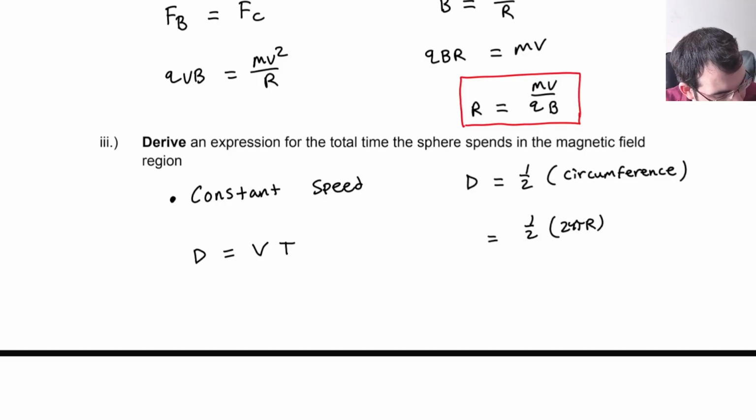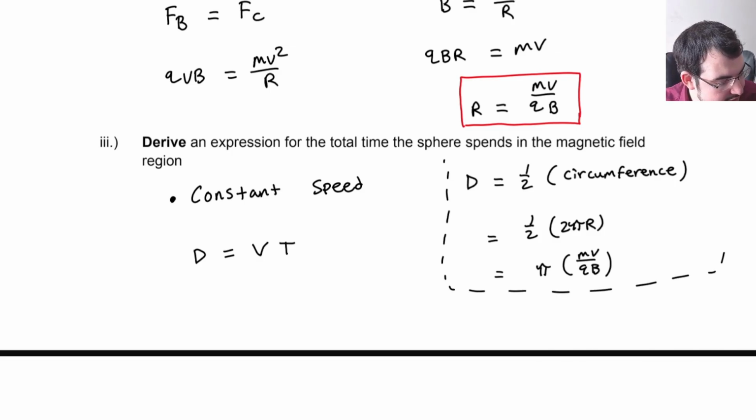But we also figured out what that was. We said that r was mv over qb. So now we can just solve, where we said our distance traveled is half of a circle. So it's not 2 pi r, it's just pi r.